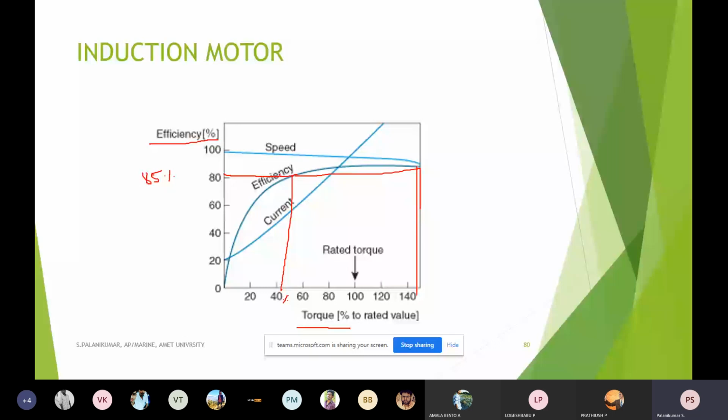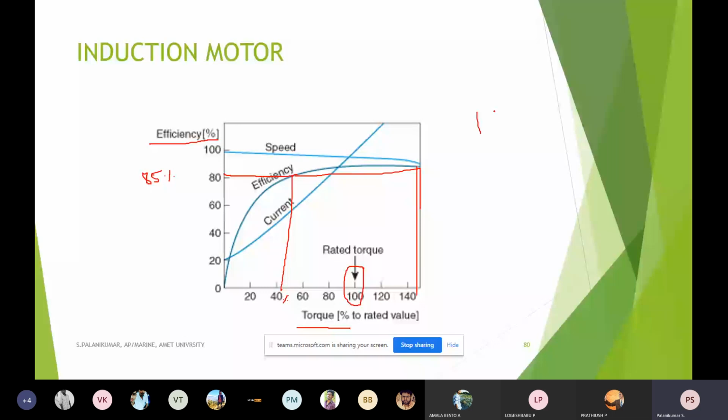That is the very big advantage of an induction machine: efficiency is high over a wide range of torque. The rated torque is 100 percent, and as far as the electrical concept is concerned, we can engage any motor at 120 percent of its full load.